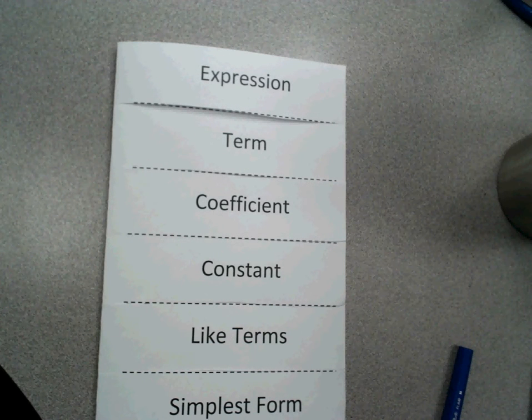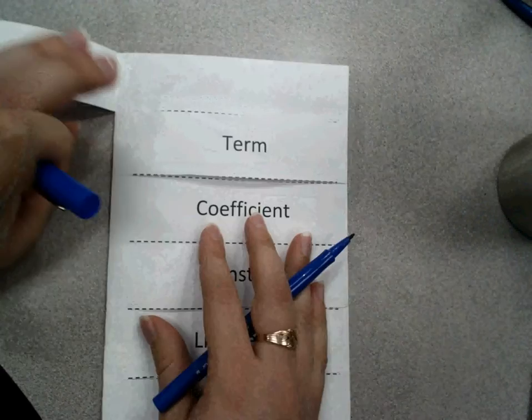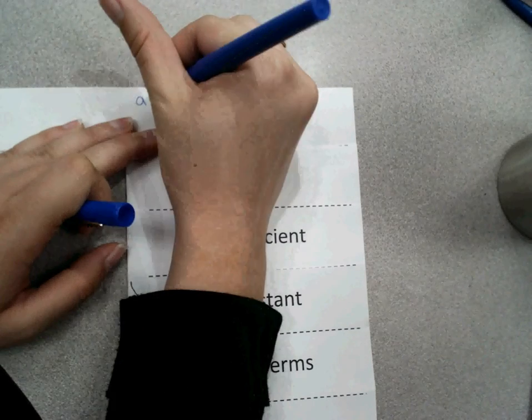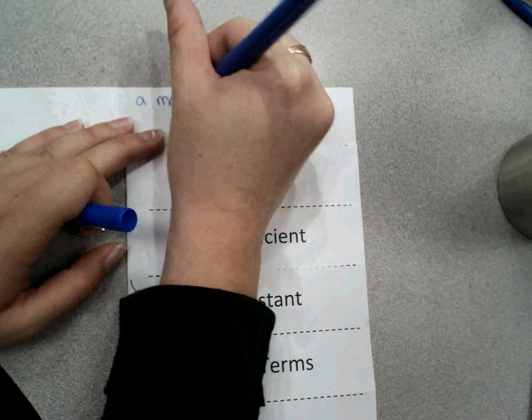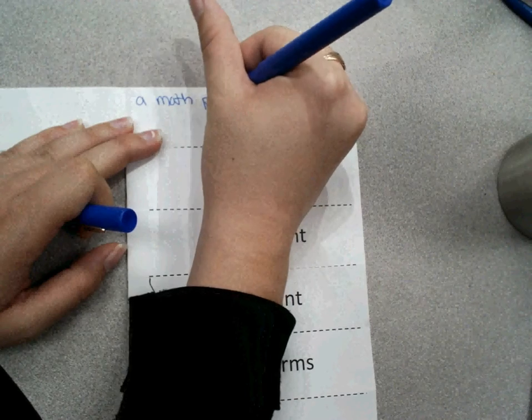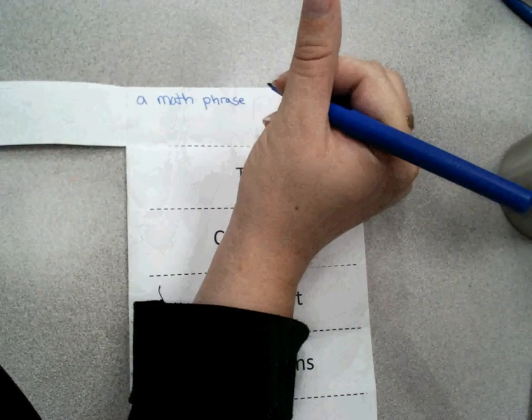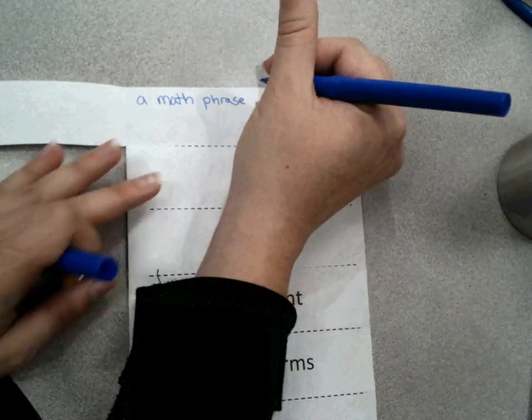These are some of the important vocab for this unit. So let's go ahead and take a look with expression. So an expression is a math phrase, that's what we can call it, with numbers, operations, and variables.